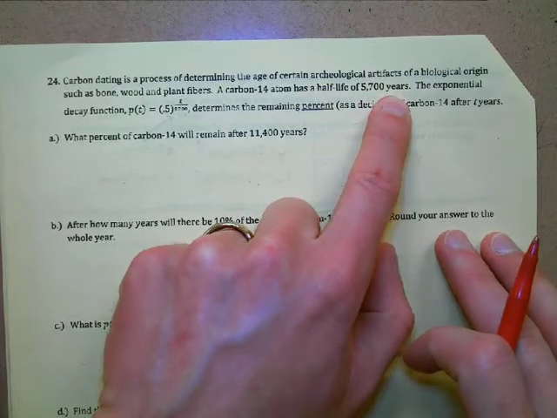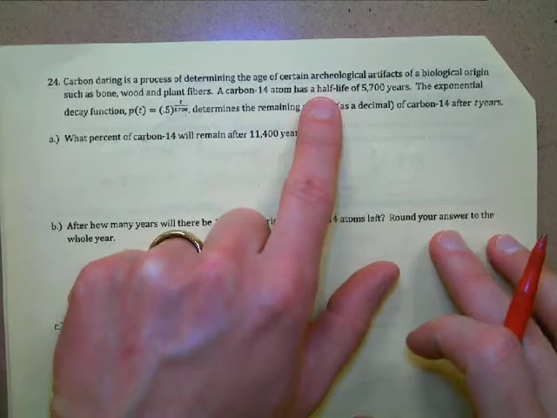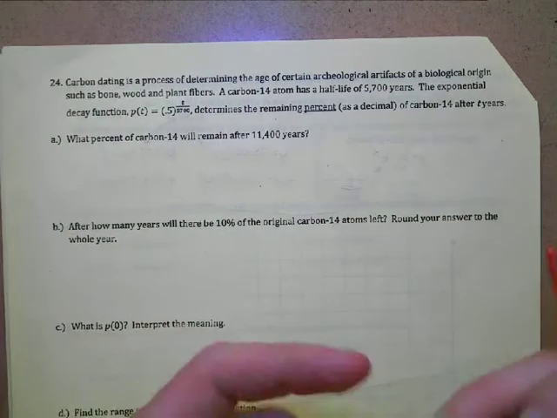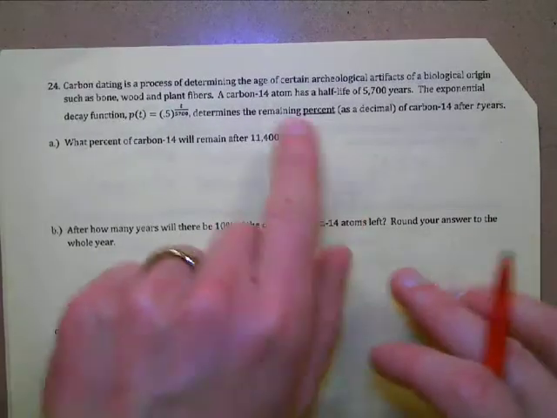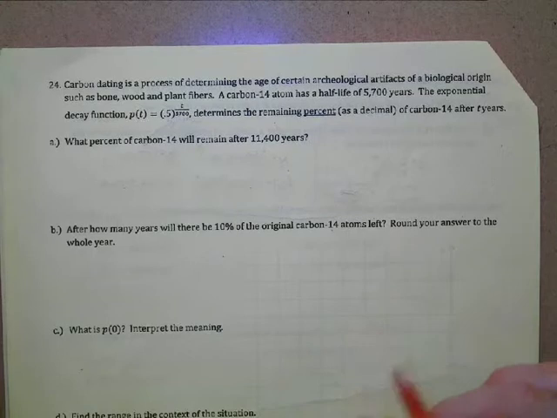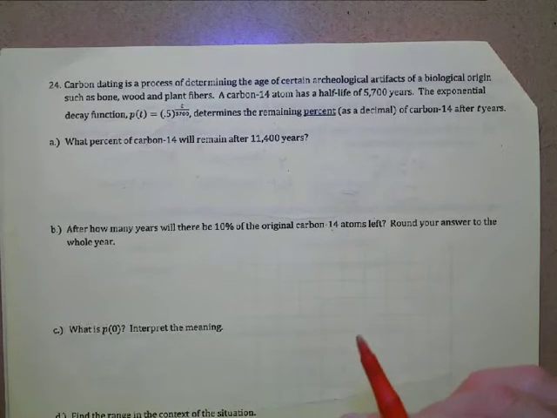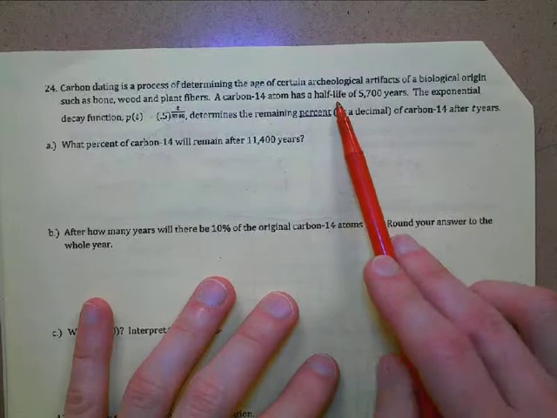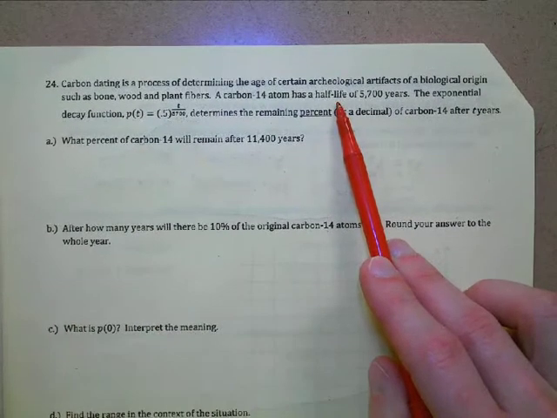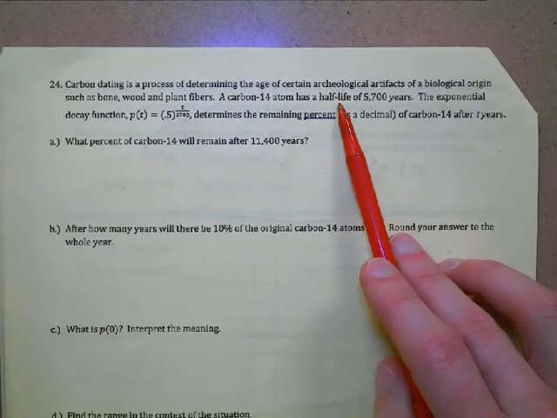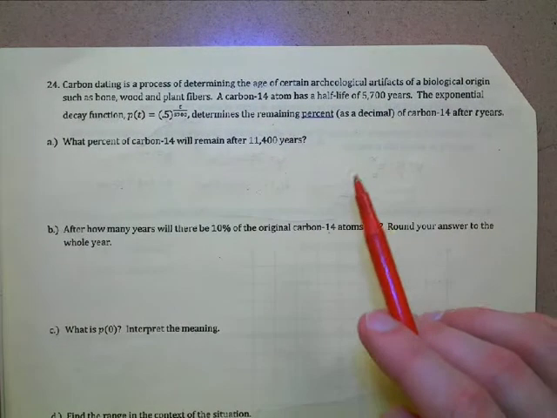So half-life, by the way, means that certain radioactive materials emit energy, but when they give off the energy, they change what they are. And so the half-life is how long it takes for a certain quantity of this material to reduce to half of what it originally started with.